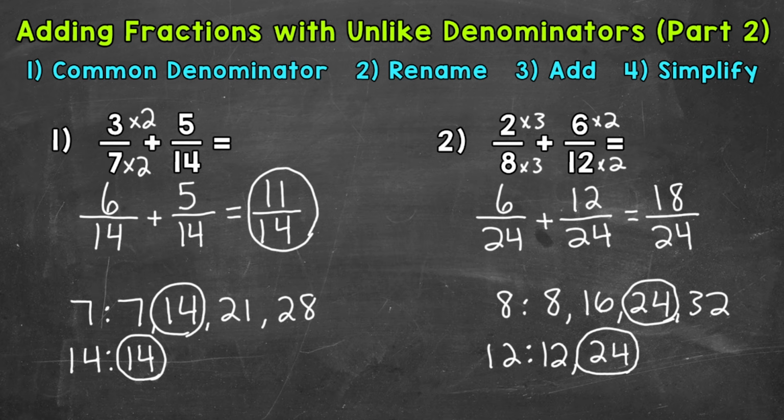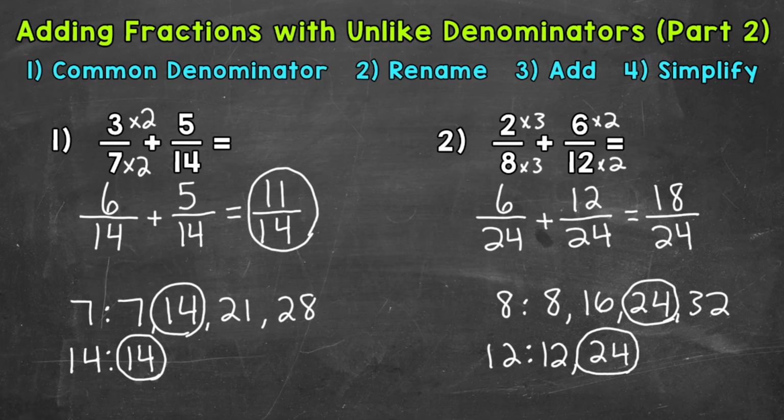We can break that down into its lowest terms. So we need to look for common factors between 18 and 24. There are multiple paths in order to get to the simplified answer here, but if you pick the greatest common factor between 18 and 24, you can do it in one step. So the greatest common factor between 18 and 24 is 6.